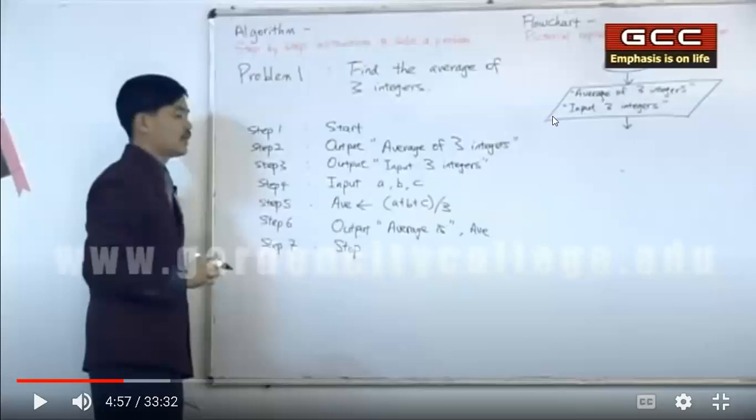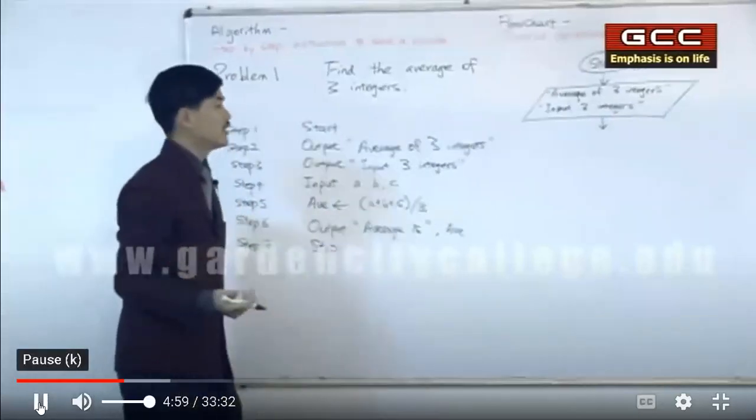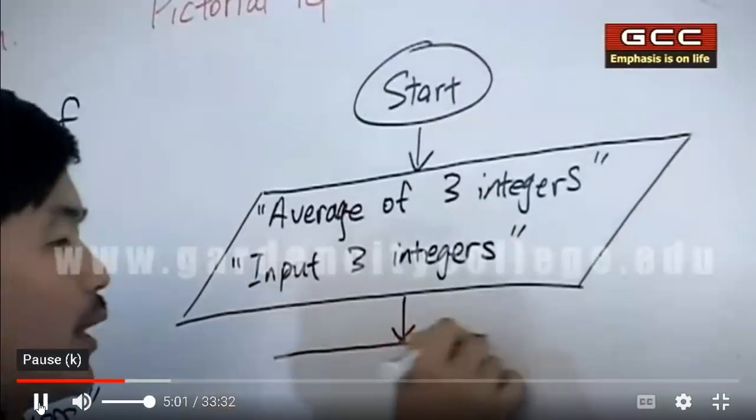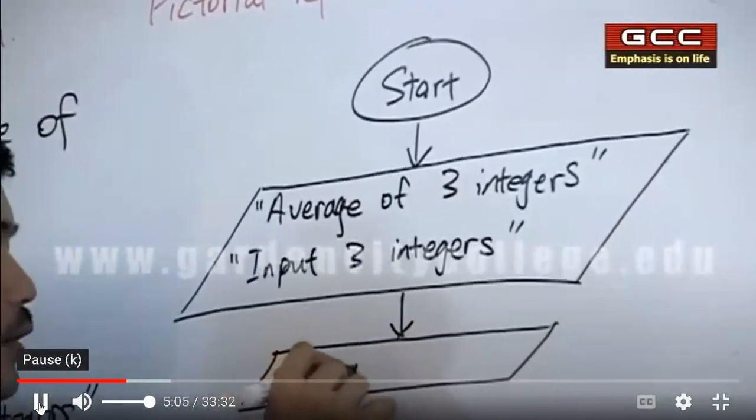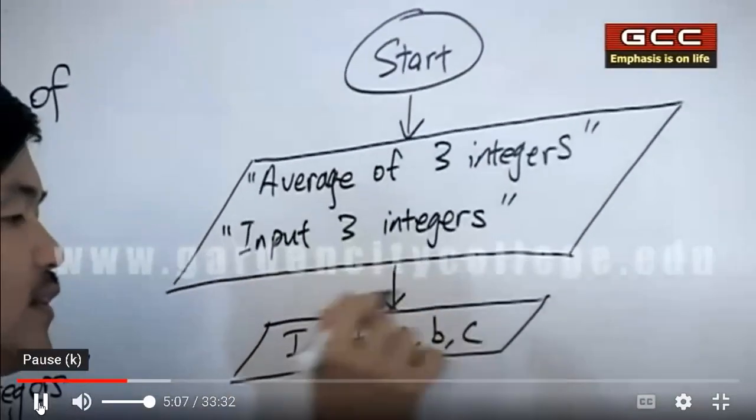And when you put in your card and pin, it might display something again. So they'll put it in a box like this again. That we need to input the three numbers. The shape is still the same, parallelogram, input A, B, C.